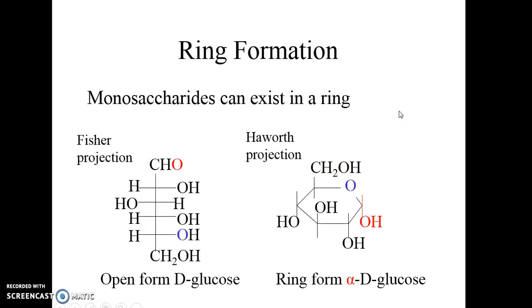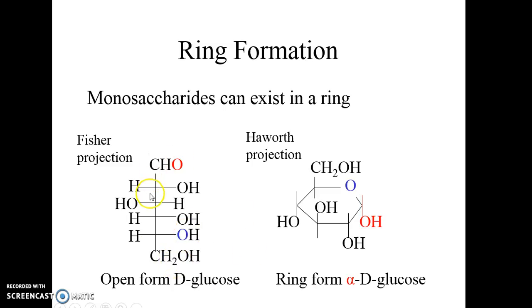Now, simple carbohydrates, the monosaccharides, do not exist very much in what we call the open chain, the Fischer projection. Instead, what we usually do is we write them in a ring form because that's the way that they are incorporated into biological molecules, and that's in solution. This is what you would primarily find. This is only a temporary state.